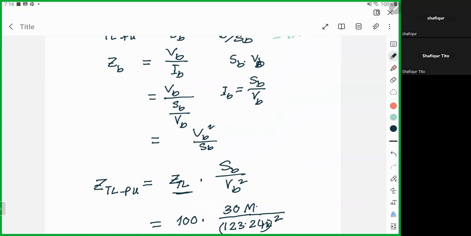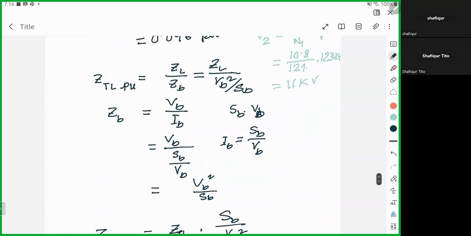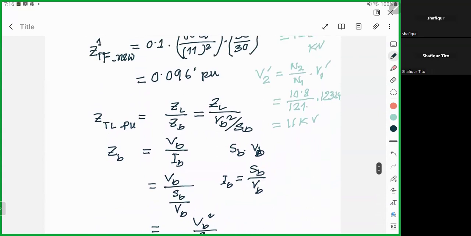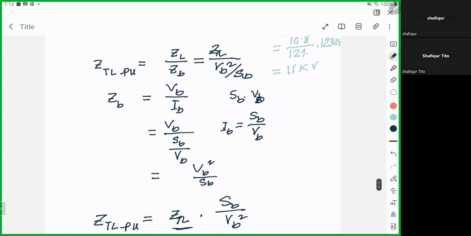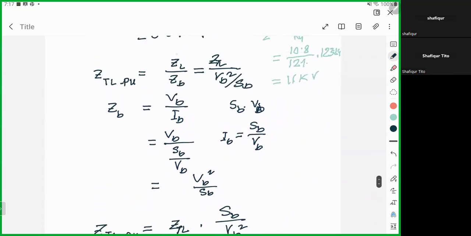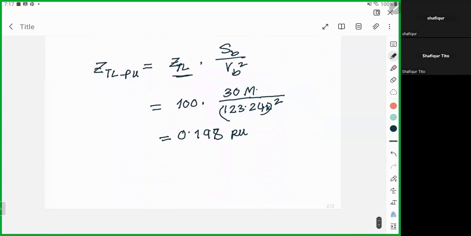You can write down for the transmission line as TL. Transmission line impedance is given, that has to be converted into per unit. So the per unit value is ZTL divided by ZB, and ZB we can derive from VB by IB, and IB we can write down as SB by VB. So from here we can derive this one.